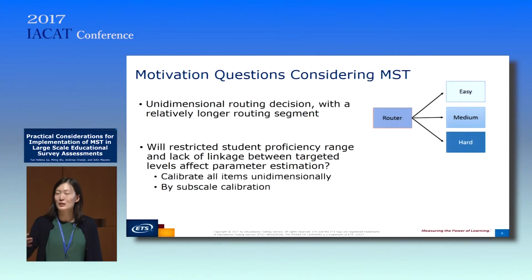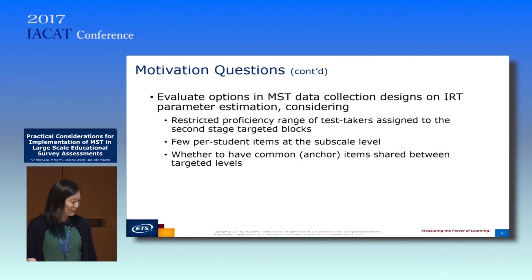The high-performing students get harder items, and low-performing students get easier items. So by design, you have certain difficulty levels matched to a certain range of ability. Is that a problem when you try to estimate item parameters?